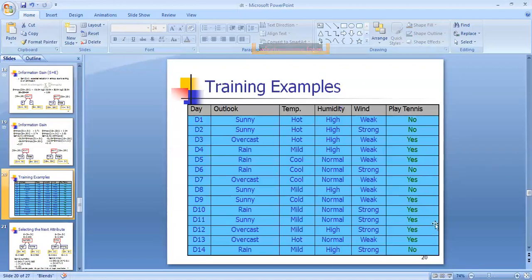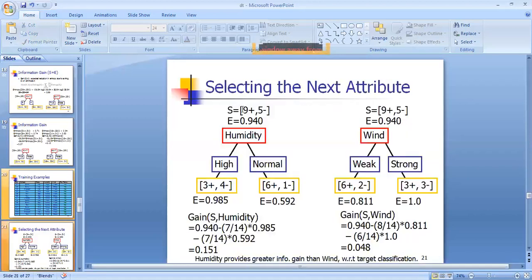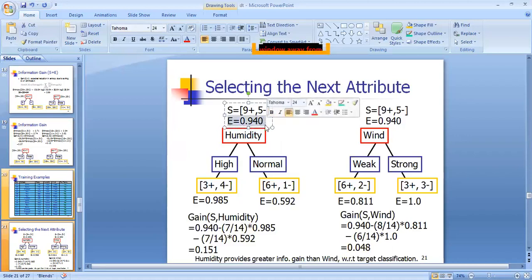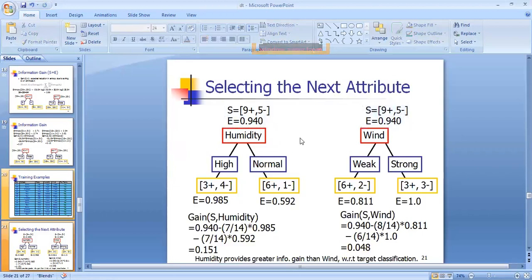Out of 14 samples, 9 are positive, that is P plus, and 5 are negative, P minus. Calculating the entropy E: 9 by 14 log to 9 by 14 minus 5 by 14 log to 5 by 14 will give you this value. Similarly, you go with humidity, and the other one with wind.